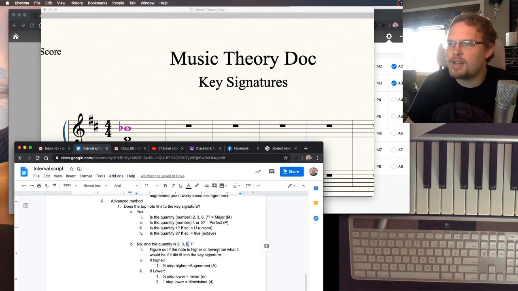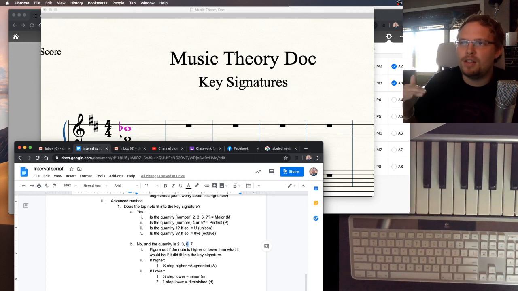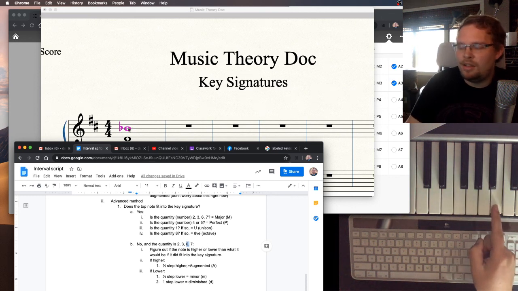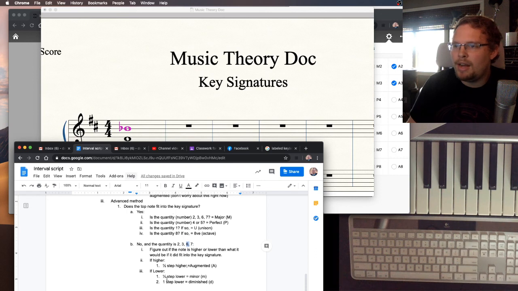So figure out if the note is higher or lower than it would be. A normal B without a flat would fit into this key signature. That means a B flat is lower. So it's only a half step lower. Here's a B, which fits in the key of D, and this goes one lower to a B flat. A half step lower over here is minor. So that is just a minor sixth, little m6.